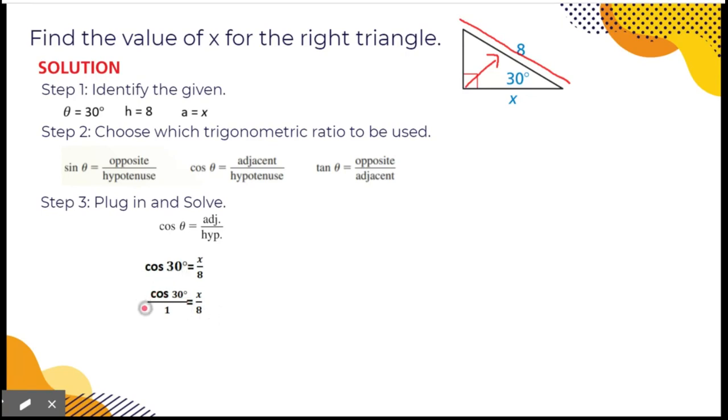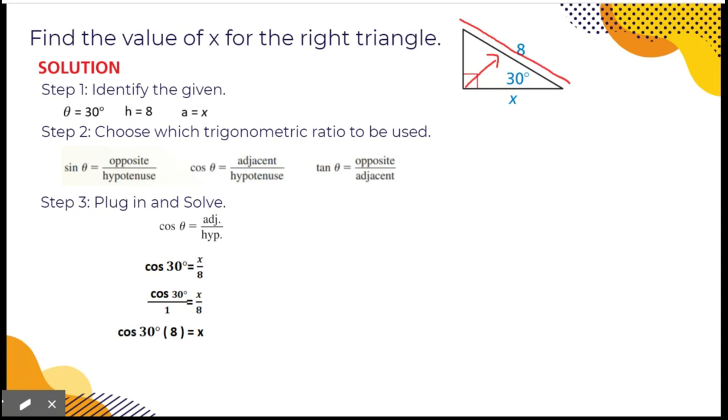Cosine 30 degrees times 8 is cosine 30 times 8. X times 1 is x. Use your calculator to solve for the value of your x. You need to keep in mind that your calculator should not be in radian but in degree.